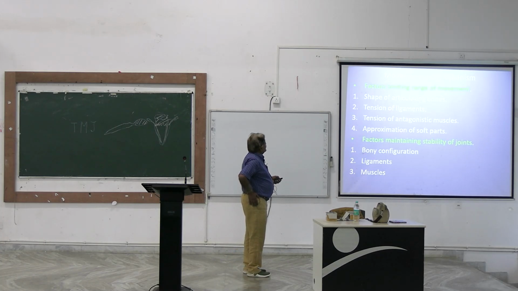Now, movements and mechanism: factors limiting the range of movement are the shape of articulating bones, tension of ligaments, tension of antagonistic muscles, and approximation of soft parts. Factors maintaining stability of joints are bony configuration, ligaments and muscles.